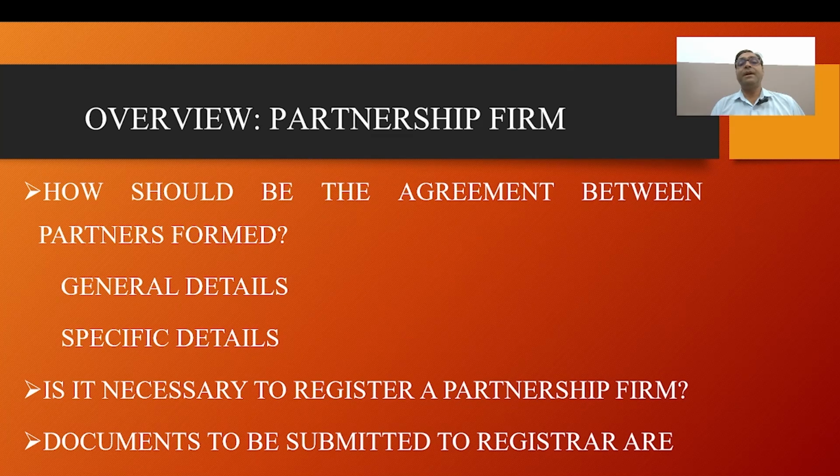The deed may include the name and address of all the partners, nature of the business, date of starting of business, capital contributed or to be contributed by each partner, and profit and loss sharing ratio among the partners. These are the general details we have already discussed, and specific details are also very necessary.